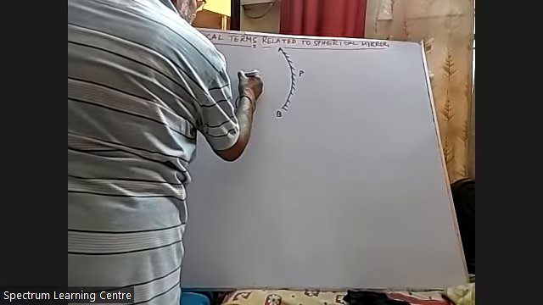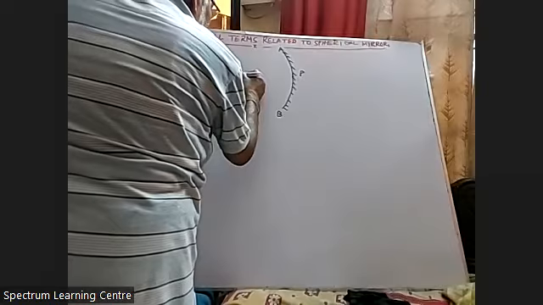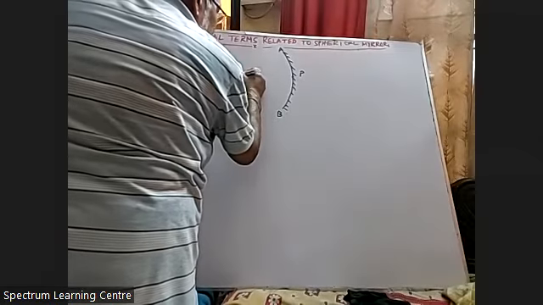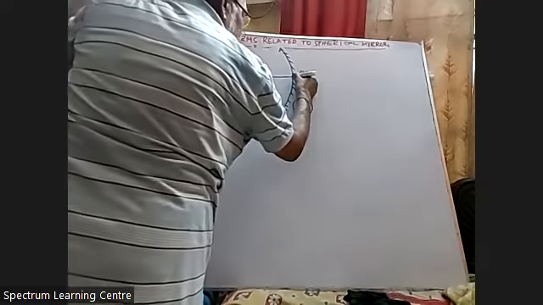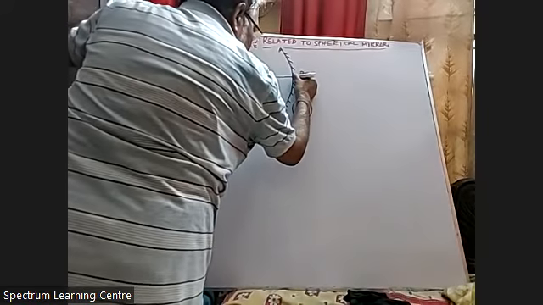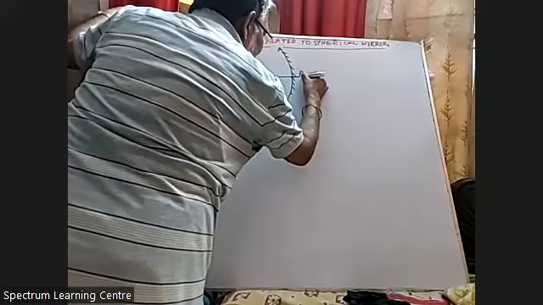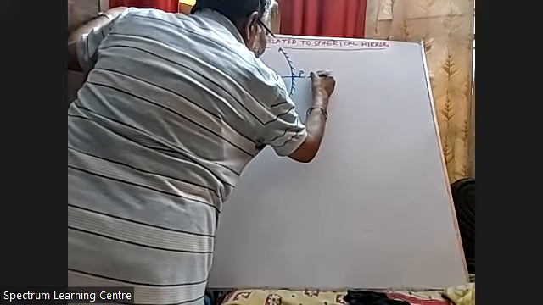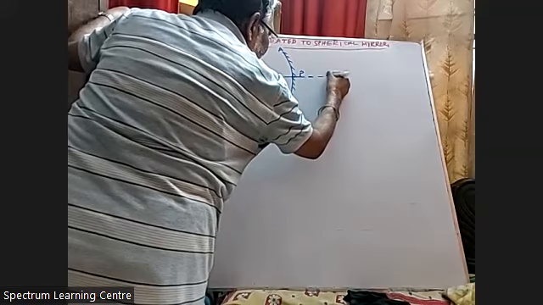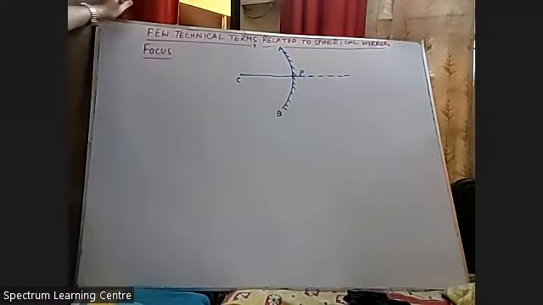And say this is a big sphere, so this is its center of curvature. So the line joining center of curvature and pole. Whenever you go on the other side, you should show this. You can show it by bold lines also, they don't mind, but it should be appropriately shown as dotted lines.